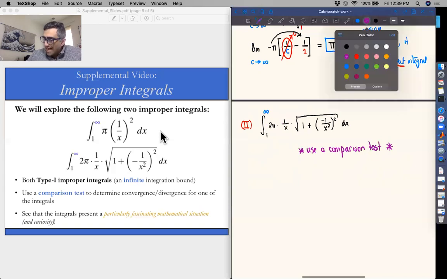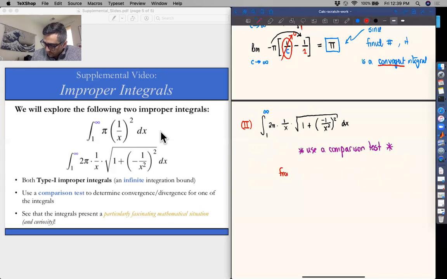So if you remember from class, we saw that the integral from 1 to infinity of 1 over x dx diverged. And it doesn't just diverge in class, it still diverges here as well.